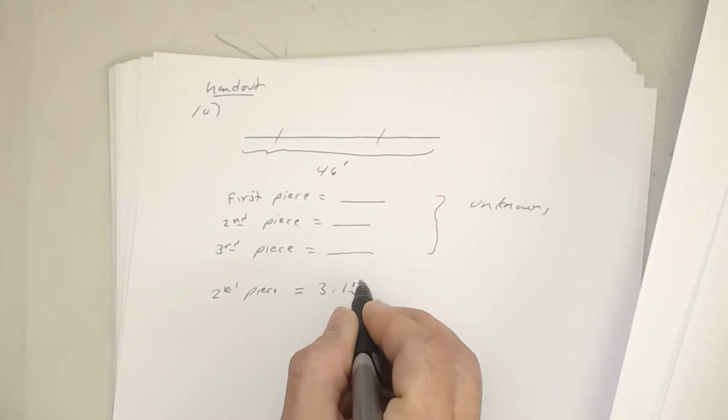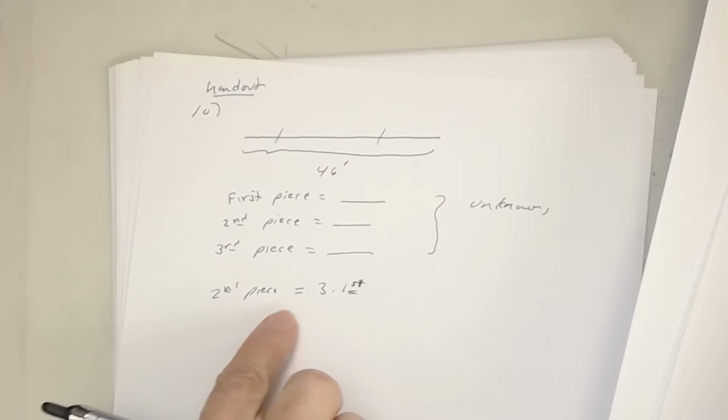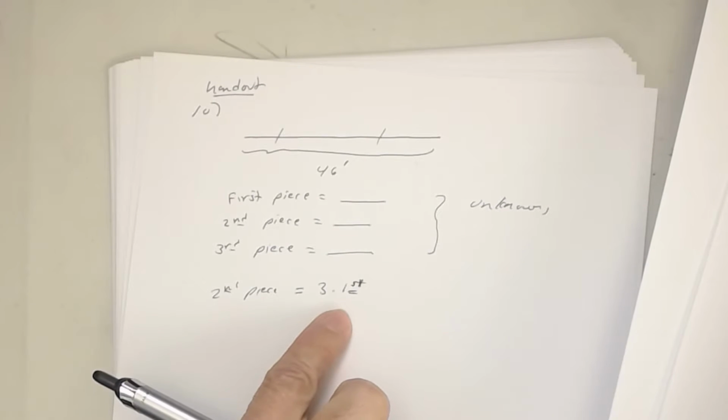So that's 3 times the first. See how I wrote it? The second piece is 3 times whatever the first piece is. If the first piece is 5 feet, then the second piece is 15 feet. If the first piece is 10 feet, then the second piece is 30 feet. That's what that part of the sentence implies.